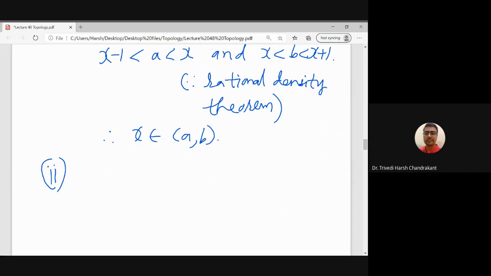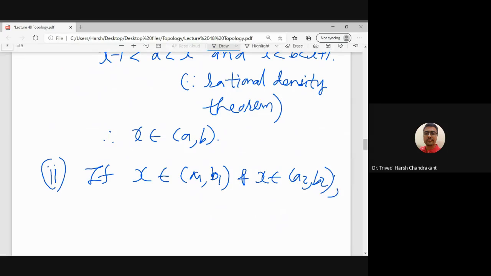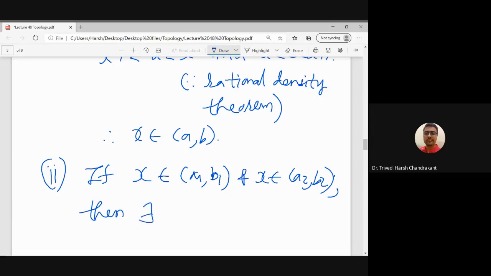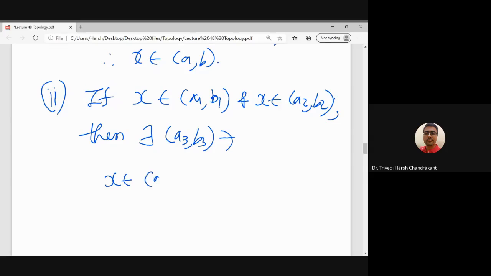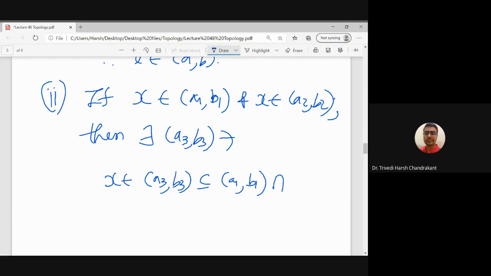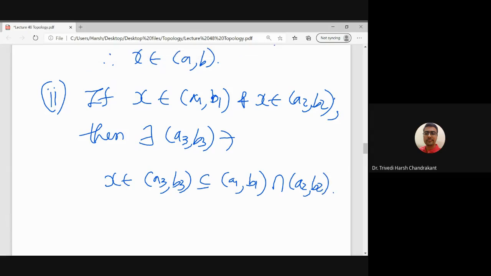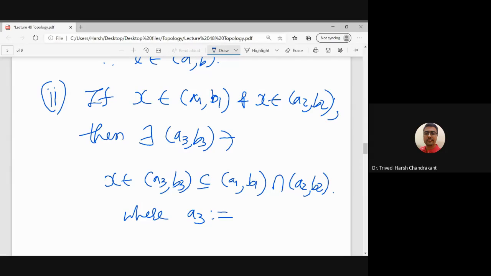The second part is also simple. If I have a number x which is in (a1, b1), and x is also in (a2, b2), then there exists (a3, b3) so that x belongs to (a3, b3), which is contained in (a1, b1) intersection (a2, b2). So here, what is (a3, b3)? You just take the maximum or minimum.